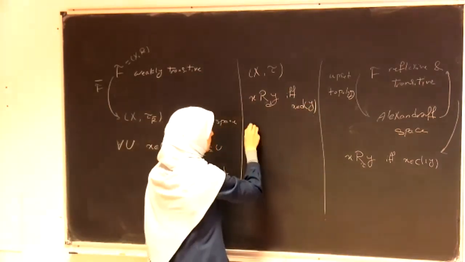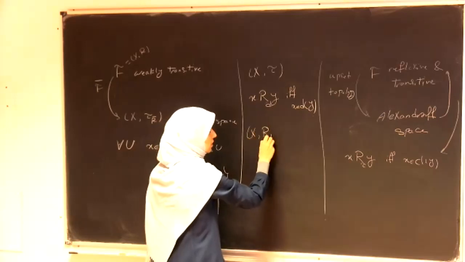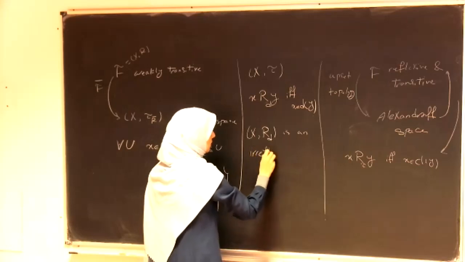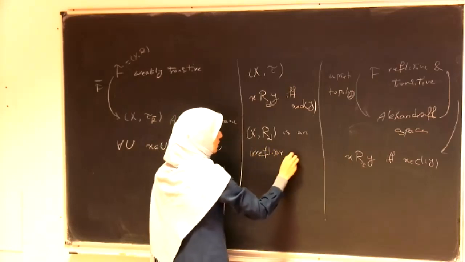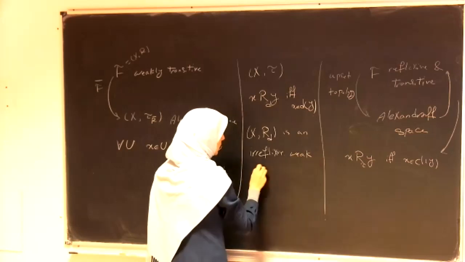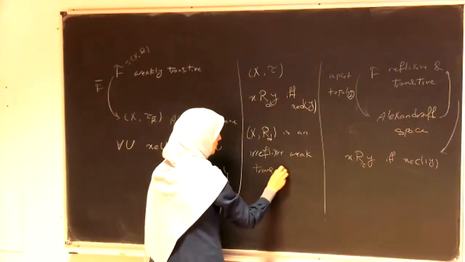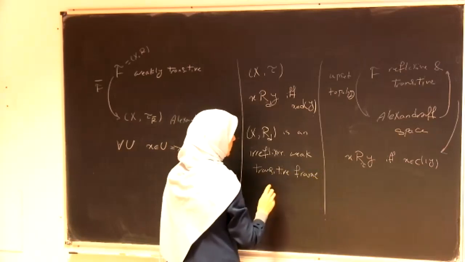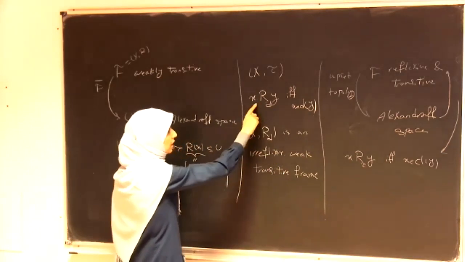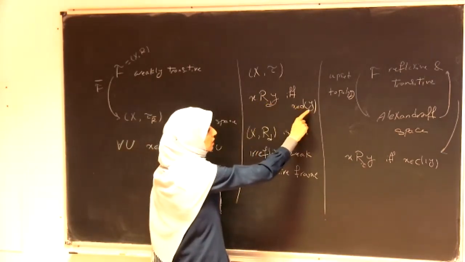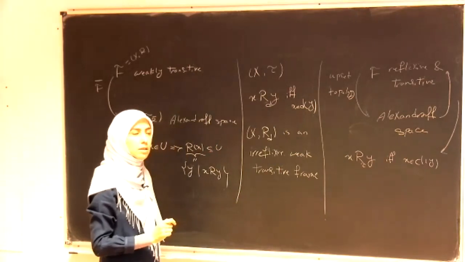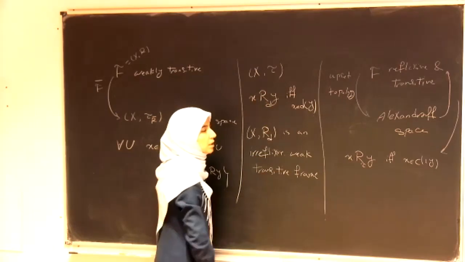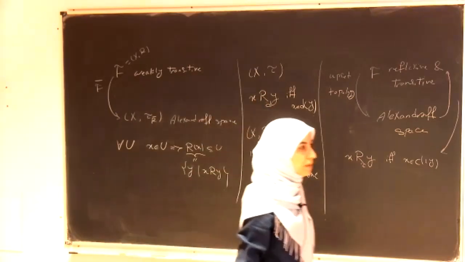Then we can see that (X, R_d) is an irreflexive weakly transitive frame. It's clear why it's irreflexive, because no point can be a limit point of itself. So when we define our relation in this way, the relation is irreflexive.